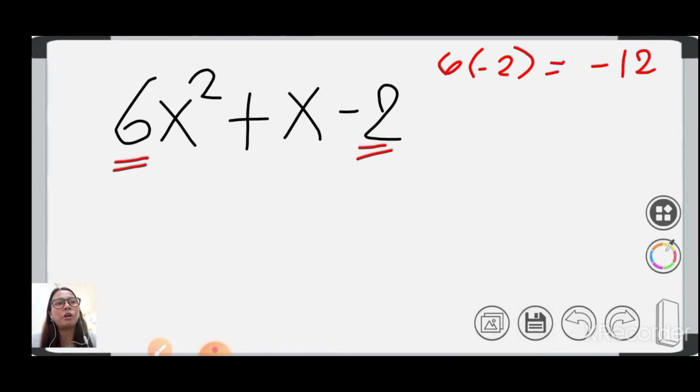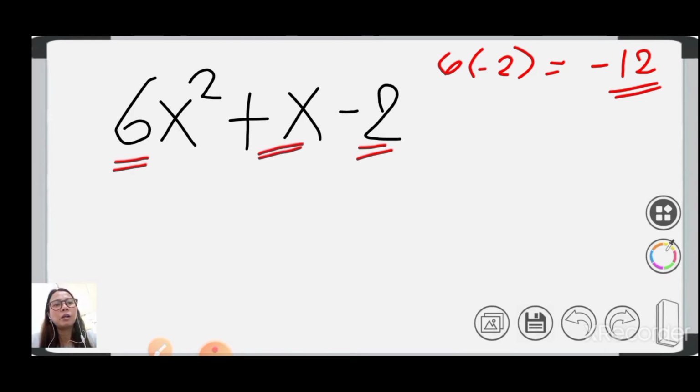Okay? So we're going to use this negative 12 to rename our middle term. We're going to look for factors of negative 12 wherein the sum is the coefficient of our middle term.